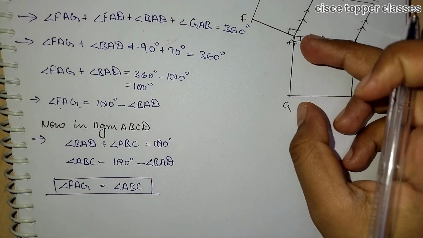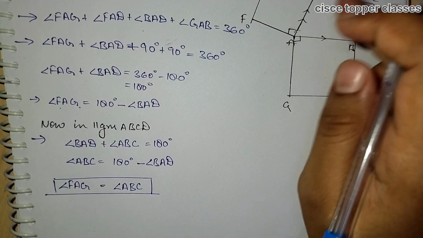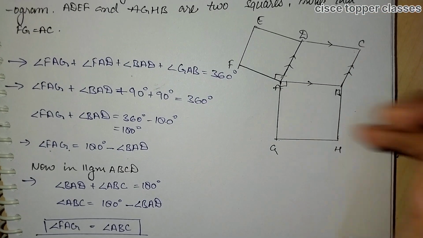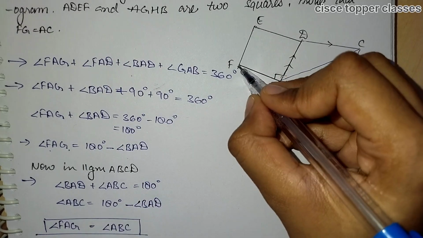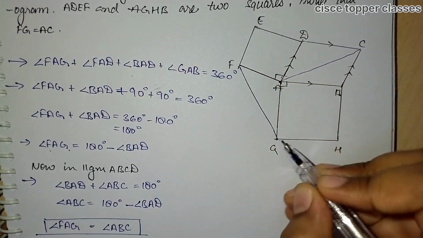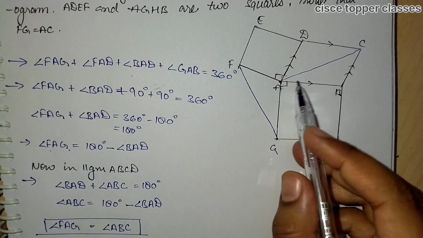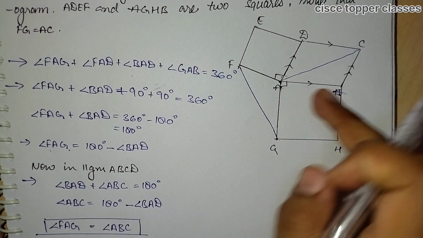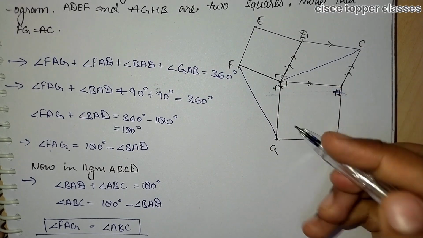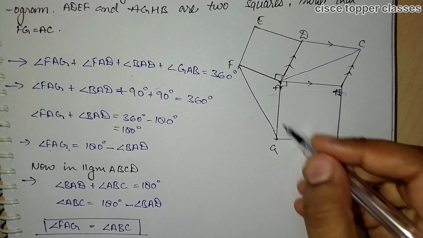Now we will take the triangle ABC and triangle FAG.